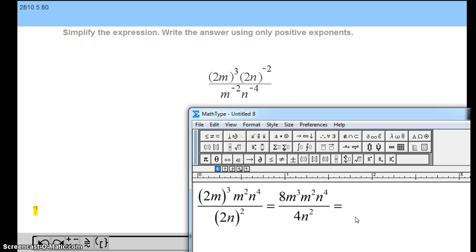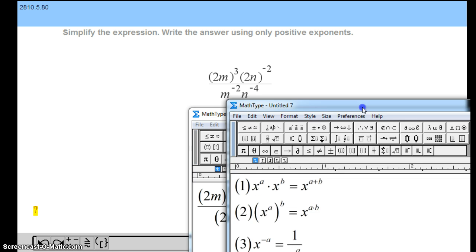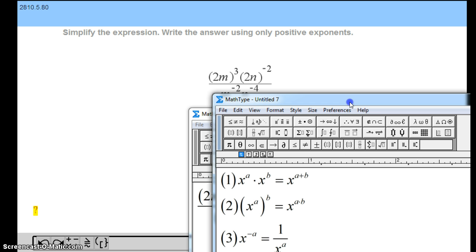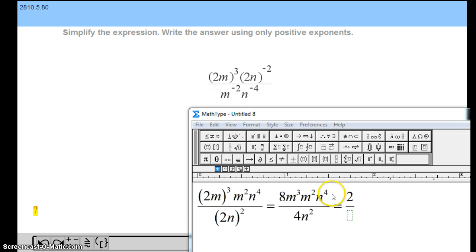A bunch of things are going to cancel out. First of all, the 8 and the 4 will just be 2 on the top. Then we can combine the m to the 3 and m to the 2 using our first rule, x to the a times x to the b equals a plus b. So m to the 3 times m to the 2 is m to the 3 plus 2, which is m to the 5.